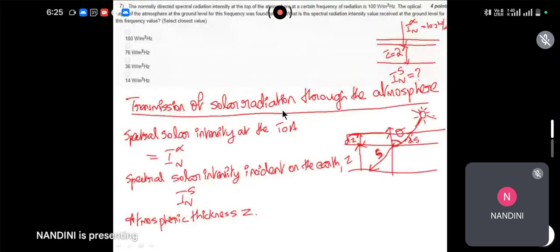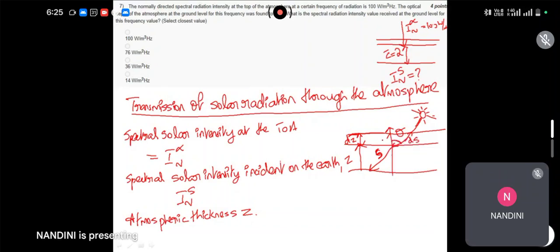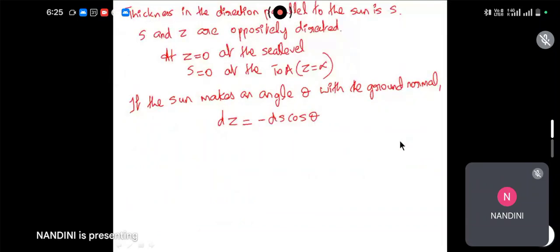This is from this right angle triangle. This is ds and this is dz, and this is the right angle. Since it is directed in the opposite direction, we have that minus sign. Cos theta is basically dz by ds, and dz is equal to minus ds cos theta.